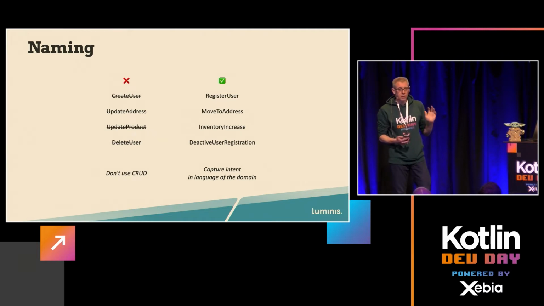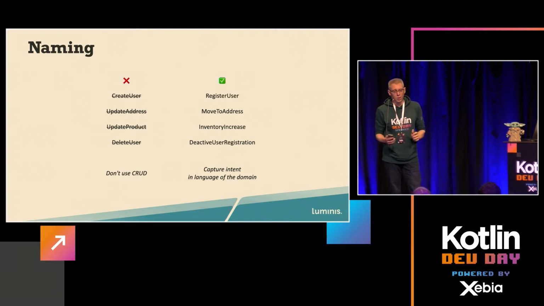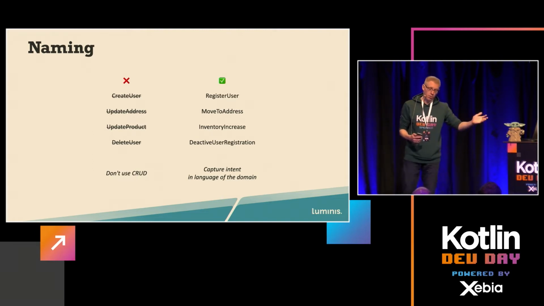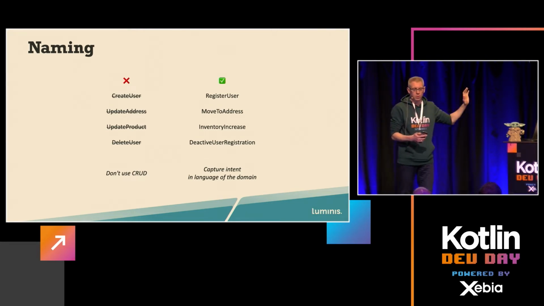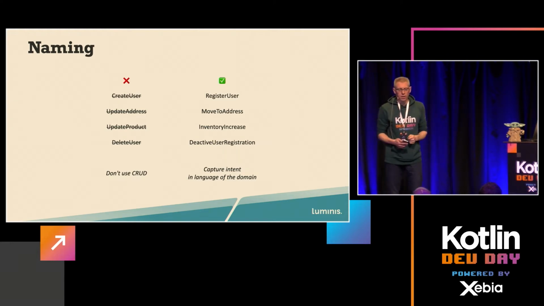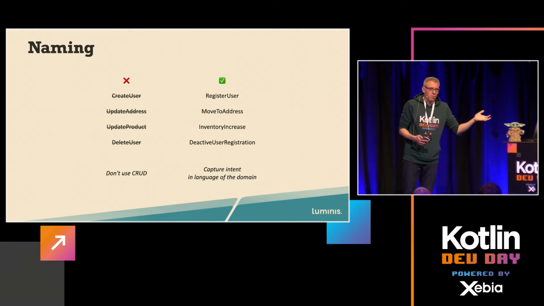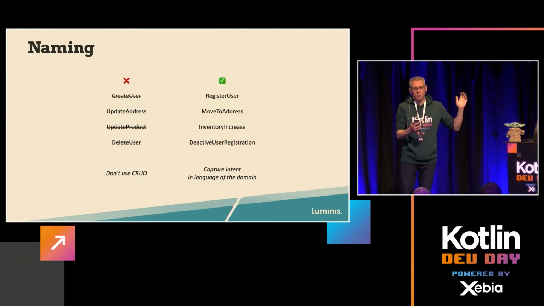Then, if you're naming these things, some good advice is to use naming that captures the intent in the language of the domain. So don't use something like create user, but use something like register user. Or don't say update address or update product, because probably you're not updating the whole thing at a time, you're updating specific things.